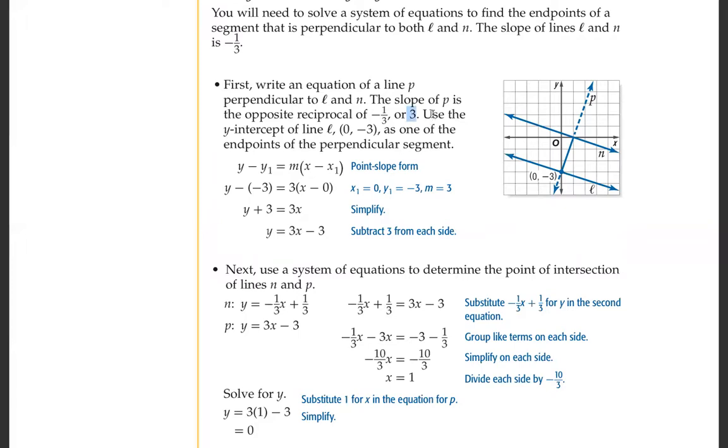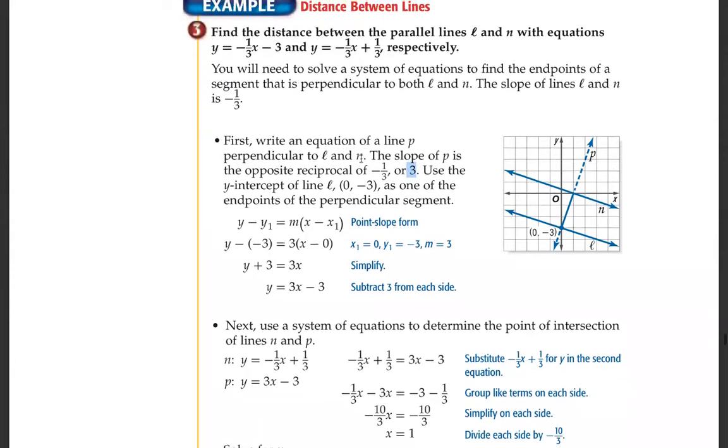So we're going to use this and the other point that we can see on the line. In line L, we're given the equation y equals negative 1/3 x minus 3. That means negative 1/3 is the slope, and negative 3 is the y-intercept. The y-intercept is the point where the line crosses the y-axis, and the graph tells us that it's at (0, negative 3).